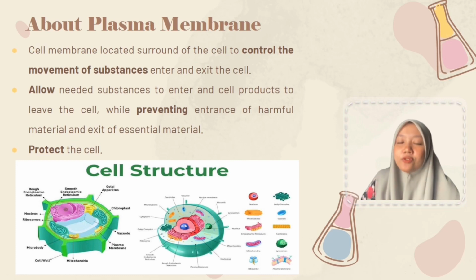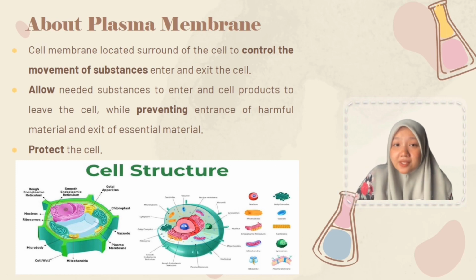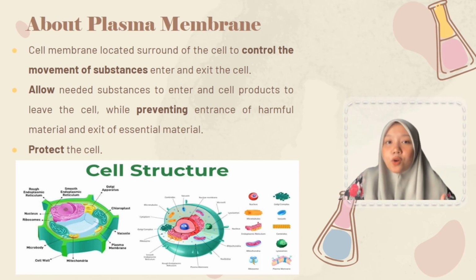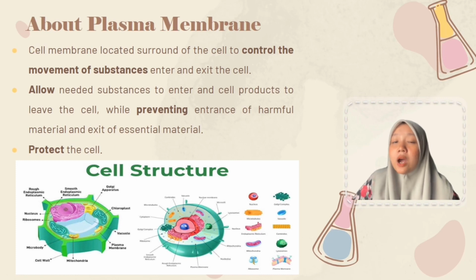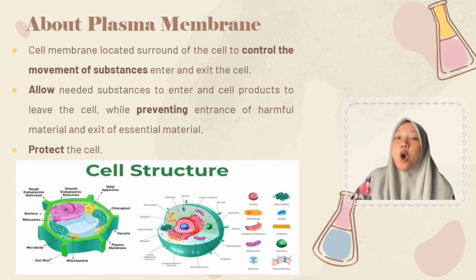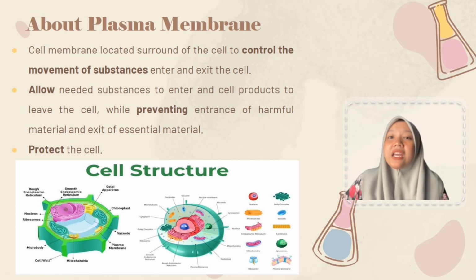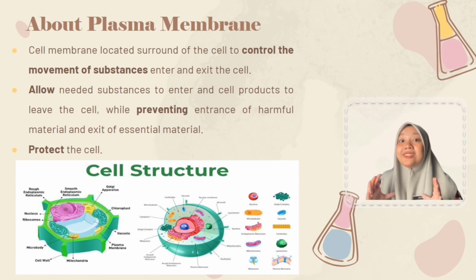So the function of the plasma membrane is to control the movement of substances in and out of the cell. It allows needed or necessary substances to enter and by-products to leave the cell, while preventing entrance of harmful material and exit of essential material. It is also considered protecting the cell as well.